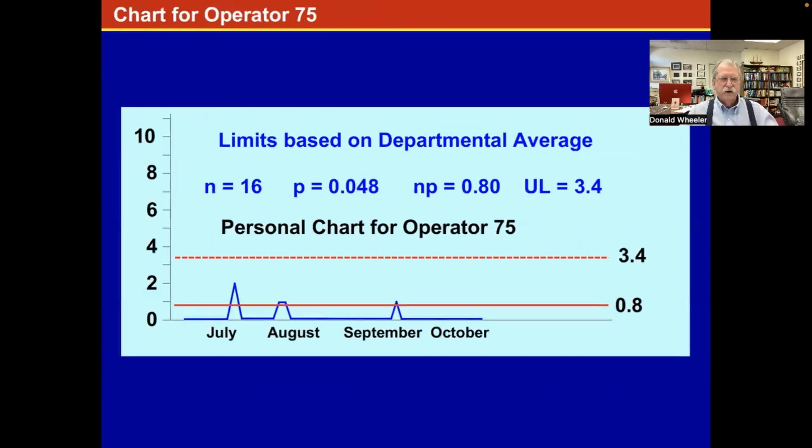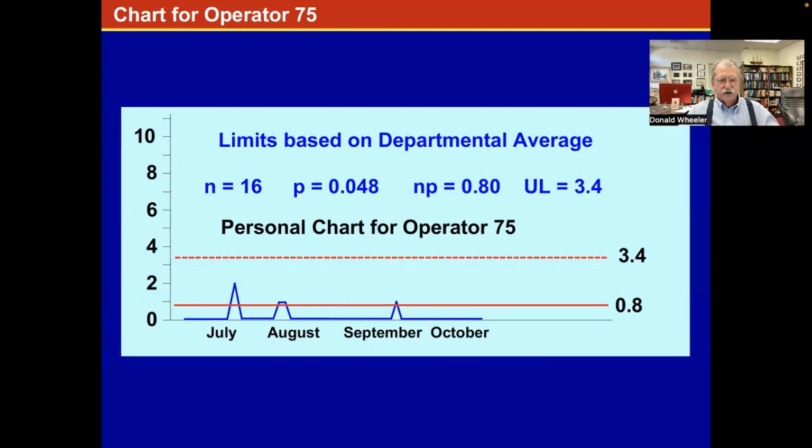Accordingly, the data from June and July were used to create an NP chart for each worker. The central line of 0.8 and the upper limit of 3.4 were based on the departmental average of 4.8% defective and the daily sample of 16 pieces.